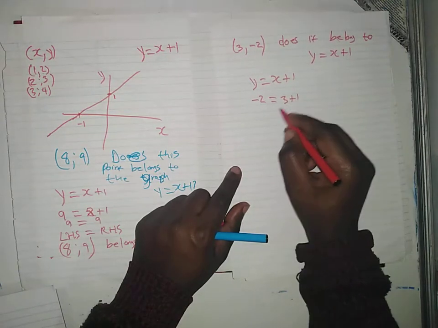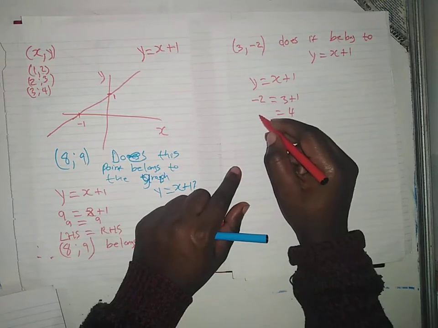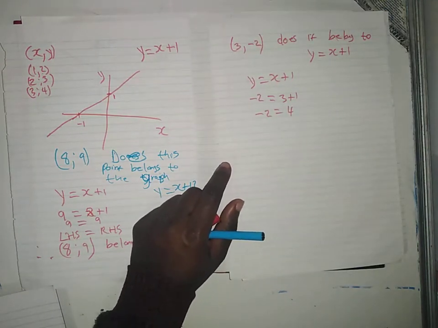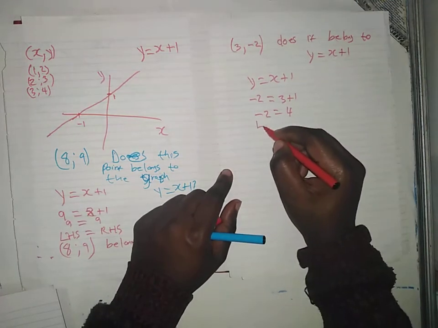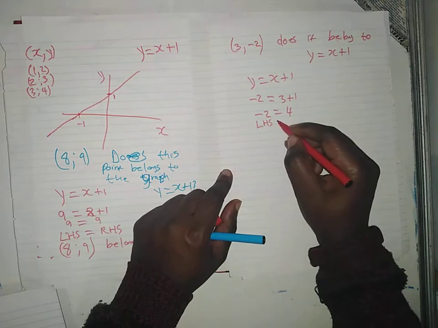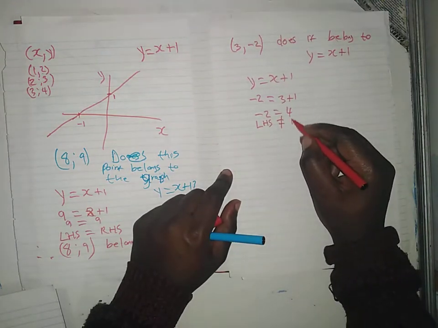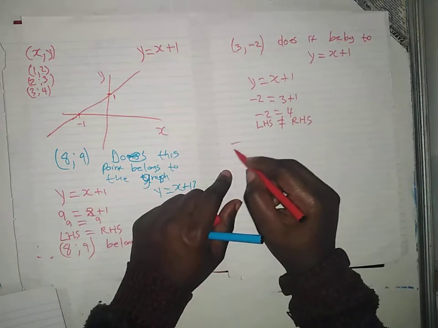Okay, what is 3 plus 1? That is 4. And then what? And then here I got only one number, so I bring it down, minus 2. So minus 2 is equal to 4. Is that true? No, that is not true. So that means that the left hand side is not equal to right hand side. So what does that mean about this point?